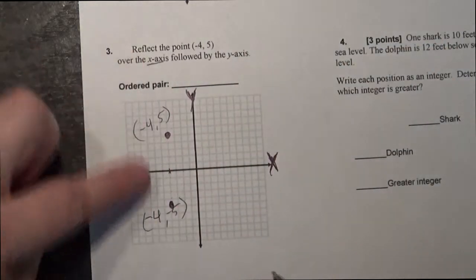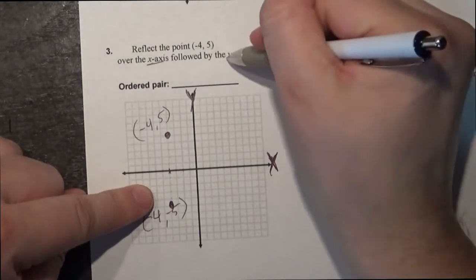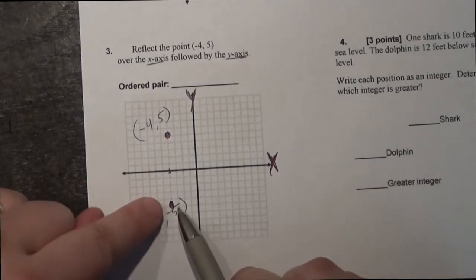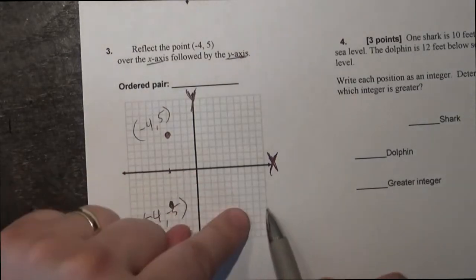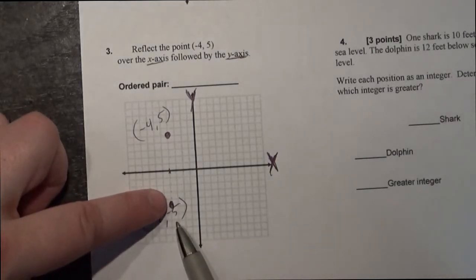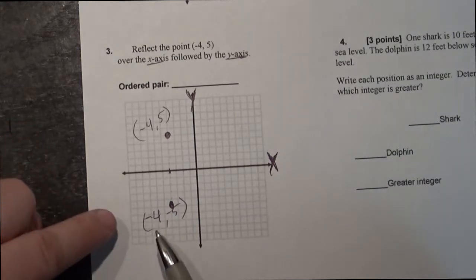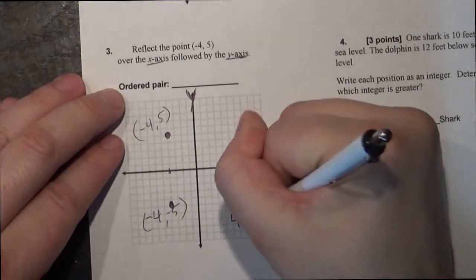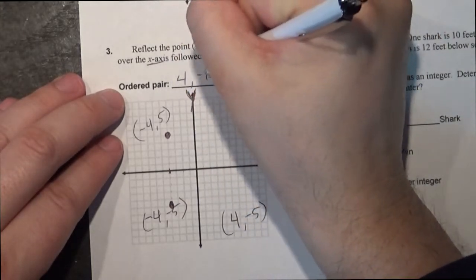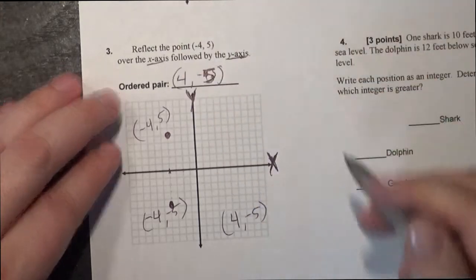So first I went over the x-axis, and I might be tempted to write that down here, but I actually then need to reflect it over the y-axis. So I'm taking this point, my reflected point, over the y-axis. If I reflect over the y, the y stays the same at -5. I use the opposite of the x, which is going to be 4. So my point here is going to be 4, -5.